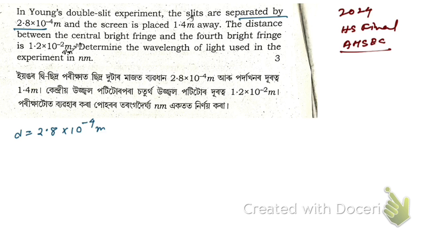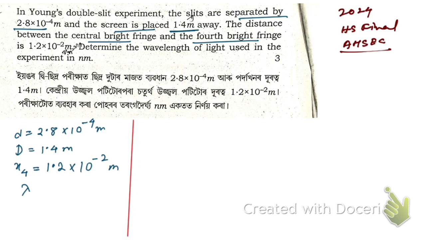Then the screen is placed at a distance of 1.4 meter, that means capital D is 1.4 meter. And the distance between the central bright fringe and the fourth bright fringe, that means x4, is given as 1.2 into 10 to the power minus 2 meter. Now we need to find lambda, that means wavelength. So again we're going to use the same formula, right? We need to find the wavelength.